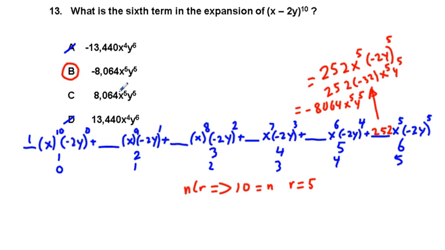And see, I already knew it was going to be choice B. We'd eliminated A and D already, and I knew that when we took negative 2 to the 5th power, we would end up with a negative number. And so between B and C, I had already known that the answer would be B.